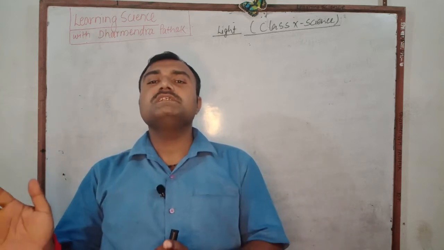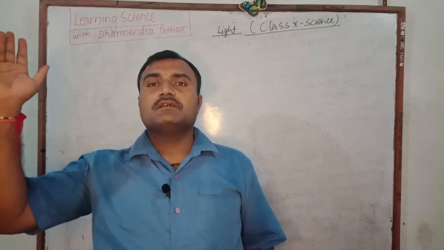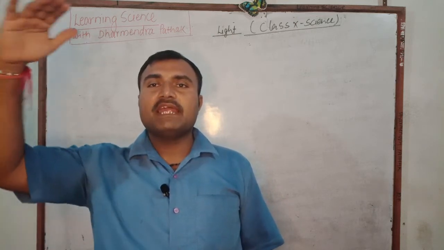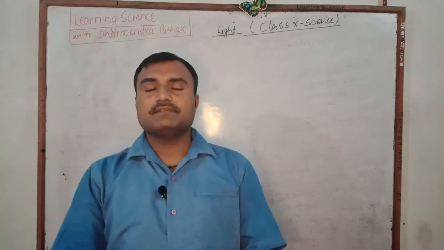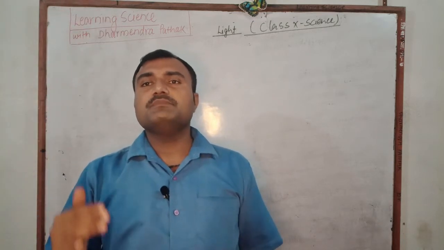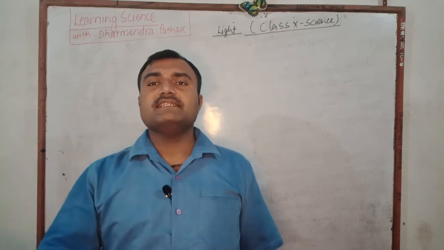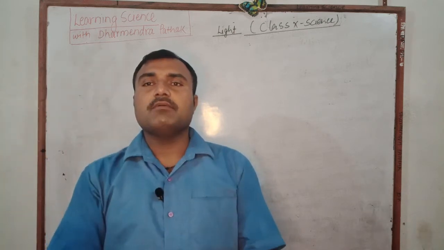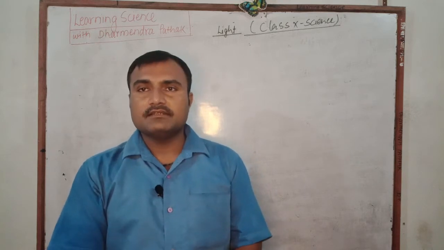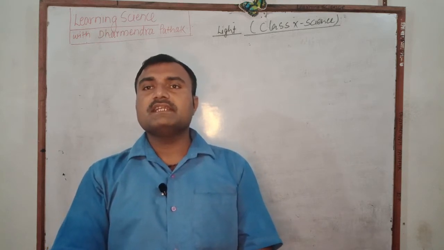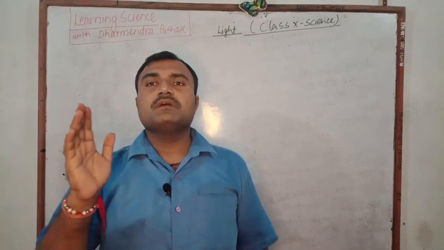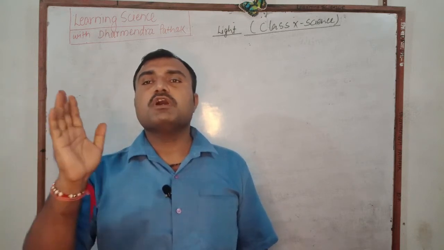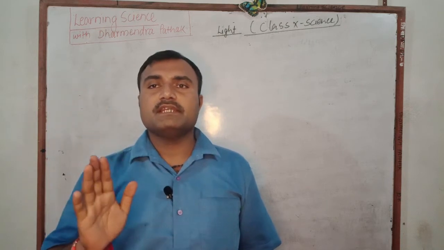And how do we see objects? Light from a source of light falls on the object. That object reflects light. If the reflected light enters our eye, then the lens present in our eye converges it on the retina and an image is formed on the retina.